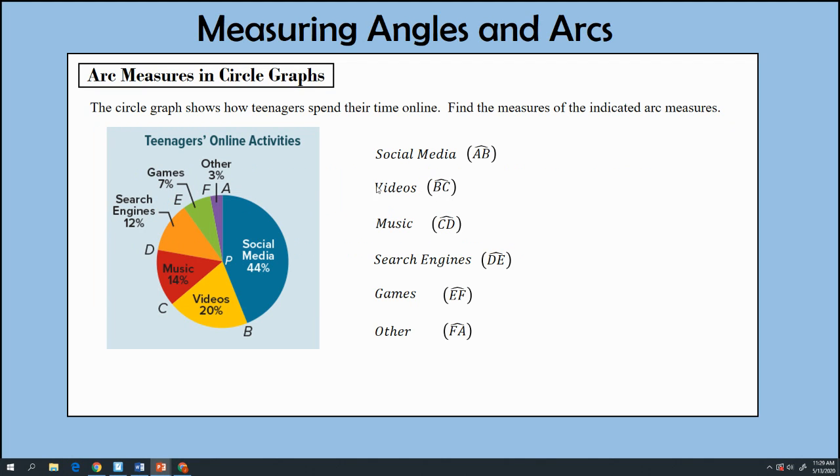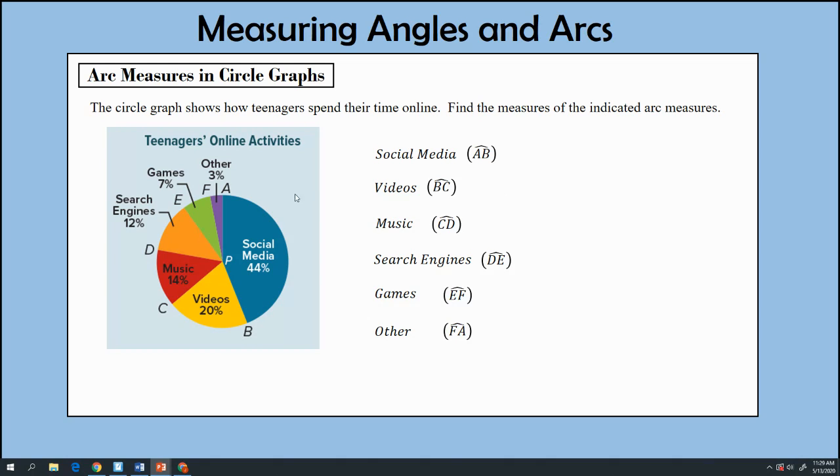What we look at here is a circle graph, and it says a circle graph shows how teenagers spend their time online. We're supposed to find the indicated arc measures. So an arc measure, let me just reiterate this, is a degree that correlates to its central angle.